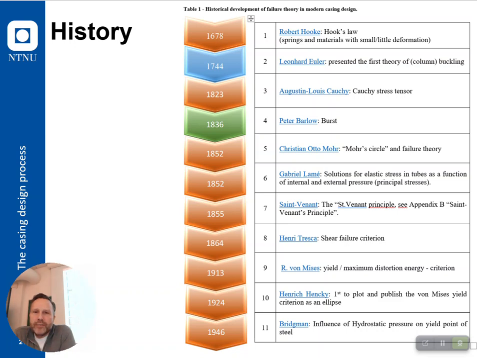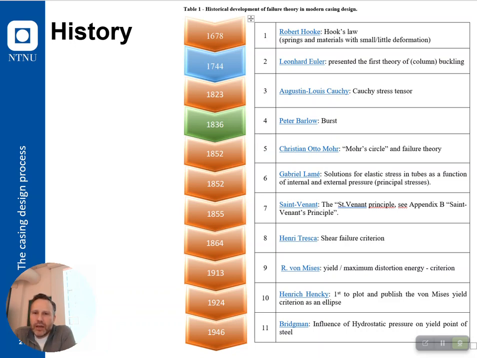Barlow, he came in 1836. More circles and failure theory, 1852. Gabriel Lamé, also 1852, gave us elastic stress in tubes and our principal stresses.